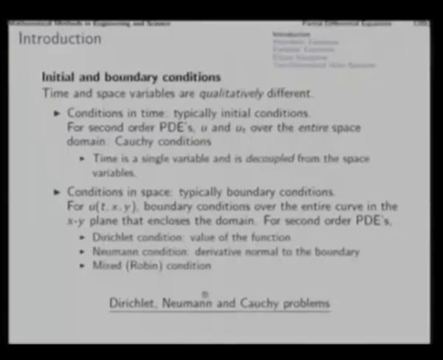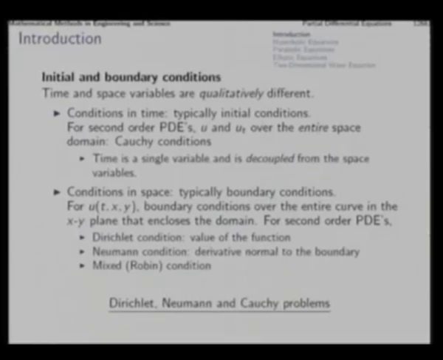You cannot say that u is specified and the normal derivative is also specified, that will over-constrain the problem. So, if over the entire boundary you supply the Neumann condition, then that problem is called a Neumann problem. Most problems could be neither Dirichlet nor Neumann, because both of these are special problems.